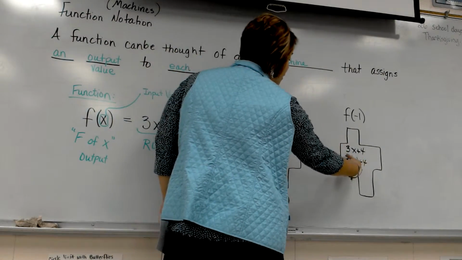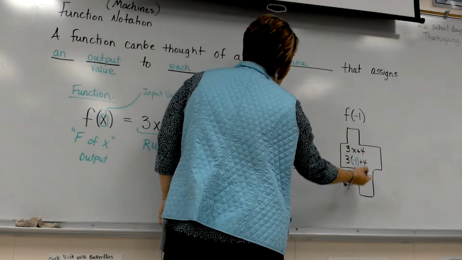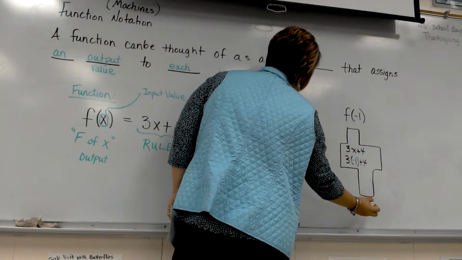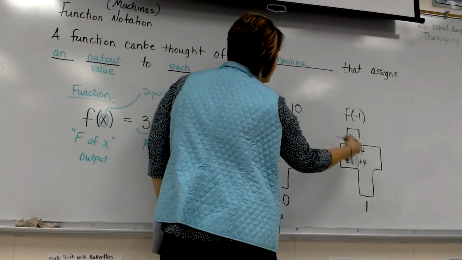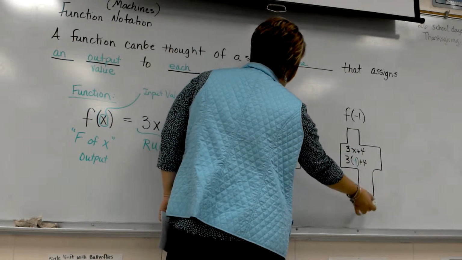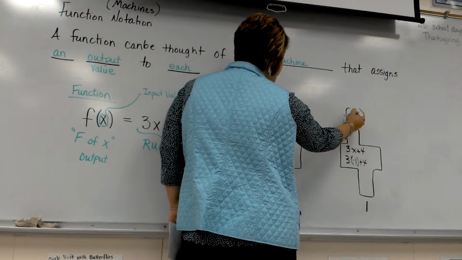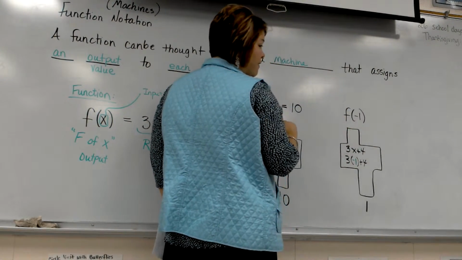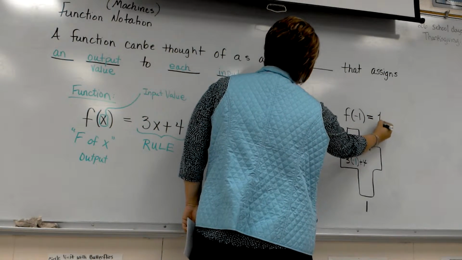When I do my rule and I simplify, I get an output value of 1, because 3 times -1 is -3, plus 4 is +1. So that means f of -1, that's how I read that, is going to have an output value of 1.